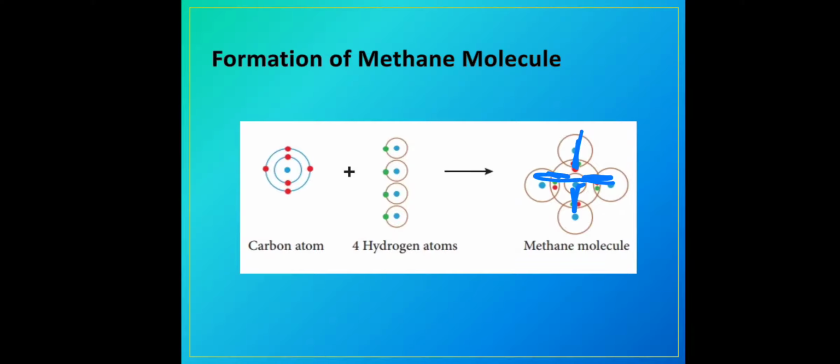Thus, it gives us 4 covalent bonds in the molecule of methane. So CH single bonds are present, 4 such bonds in the structure of a methane molecule.